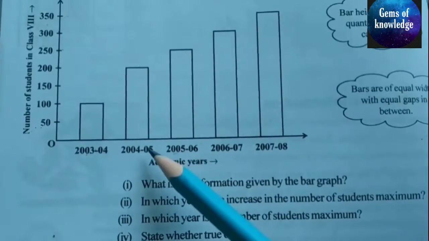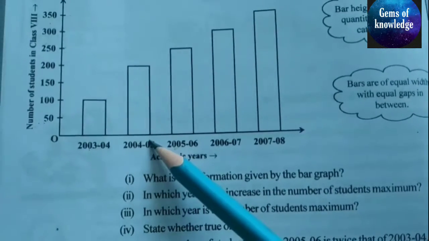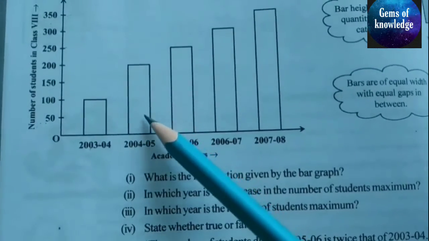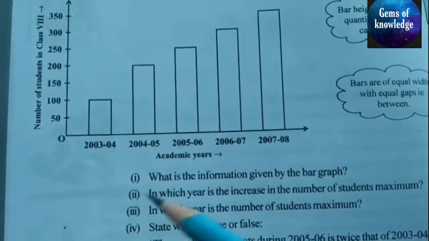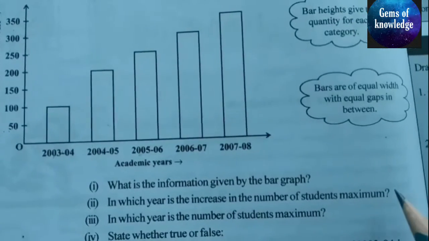So you can write in the year 2004 and 2005 there is an increase in number of students to a maximum level. Here you can write the answer as 2004 and 2005.